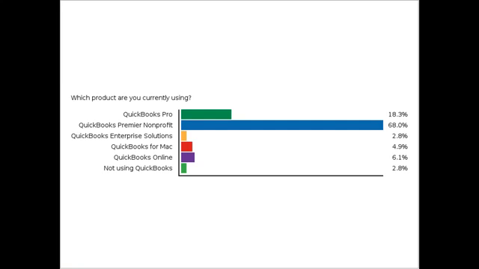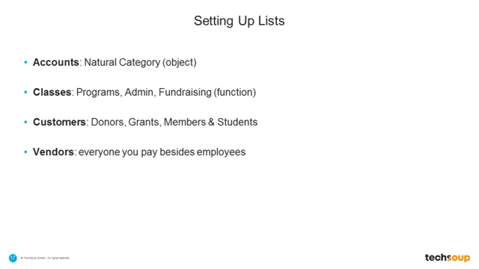And the next thing that I want to cover is, let me see here. All right. Oh, there we go. So as Becky was saying, we did a class a couple of weeks ago about how to set up lists, and it looks like a number of you weren't here, which is fine. But I do want to tell you, just to get you oriented, that in QuickBooks there's a couple of different categories of stuff.